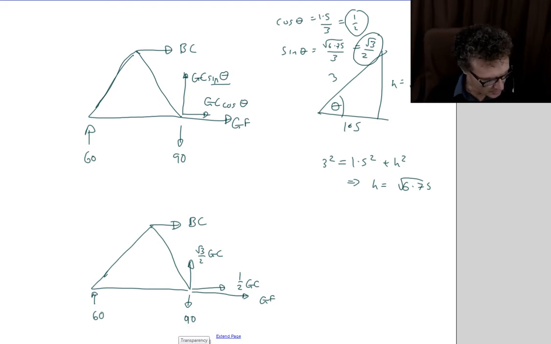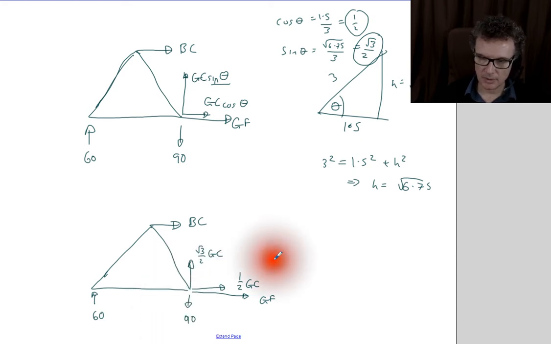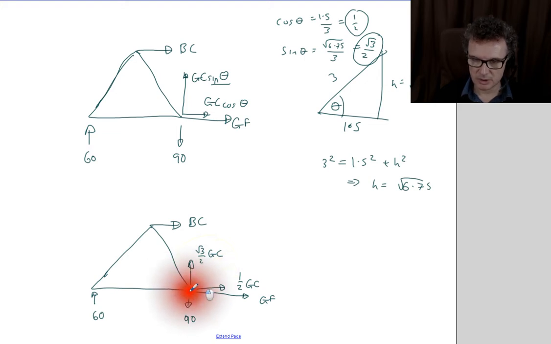Now in the book they resolve in the x direction, which I don't think is a sensible thing to do. I would skip ahead and I would either resolve in the y direction, because that's the only thing I've got pointing in the y direction, or I would take moments at whatever that joint is called.